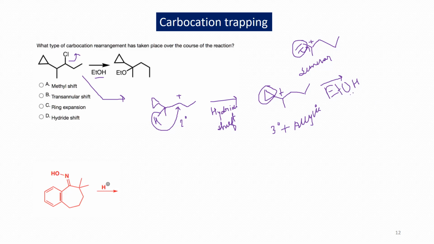Just add a nucleophile. That nucleophile will trap this carbocation, and whatever product we get, if that resembles our expected carbocation, then it is going through that carbocation. If it's not, then it's going through another type of carbocation.